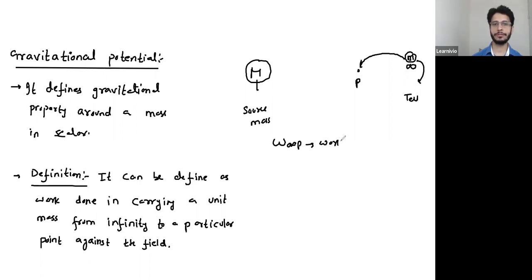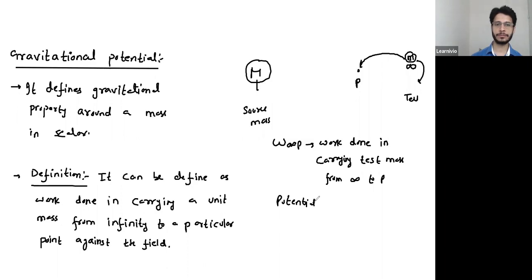It's work done in carrying the test mass from infinity to P. So potential at P, we represent potential as Vp.